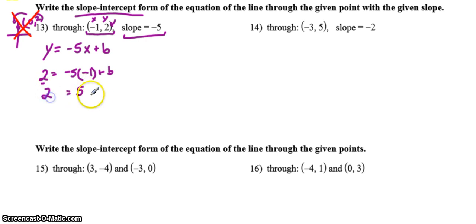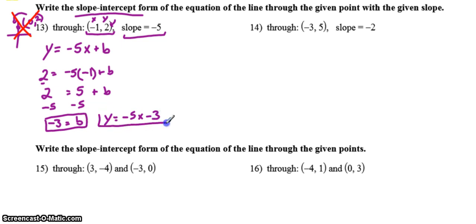Okay, bring down that plus b, and then I have to subtract 5 from both sides of my equation. End up with negative 3 equals b, which means the y-intercept is going to be negative 3. And so the equation of my line will be y equals negative 5x minus 3.